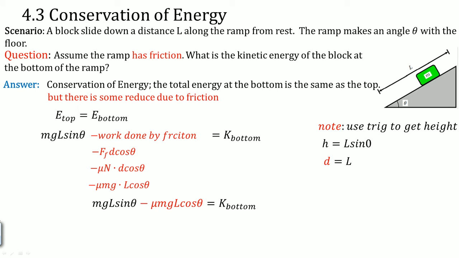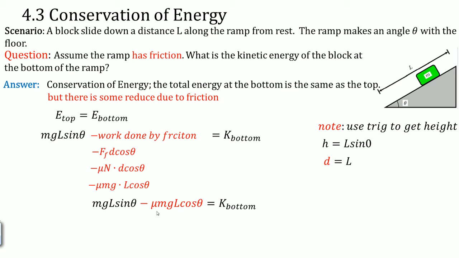So lastly, here we see that the equation can now all be subbed in to be mgL sine theta, which represents the gravitational potential, minus mu mgL cosine theta, which represents the work done by friction.